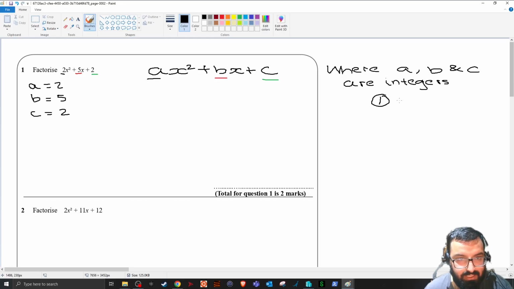So our first step is to multiply a by c.